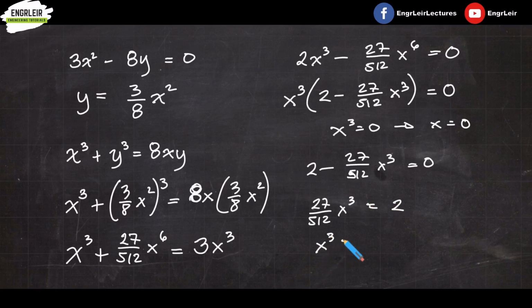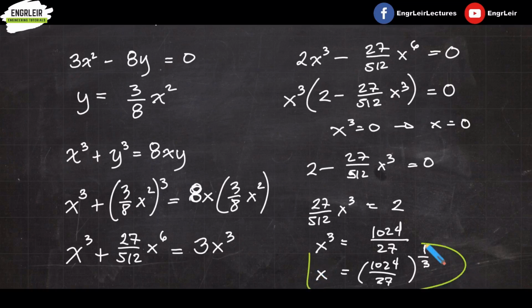And now, we can solve for x cubed, which is 1024 over 27. And you take the cube root of this. So we remove the cube by raising to the 1/3, the cube root. So this is the x value we'll take. Now that we have x, we substitute it here to get y. Okay? Let me write it on another page.